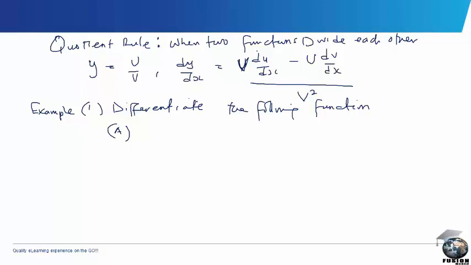A, you're given y equal to 3x squared over cos x. And B, you are given that y is equal to sin x all over cos x. Fine, so work with this.